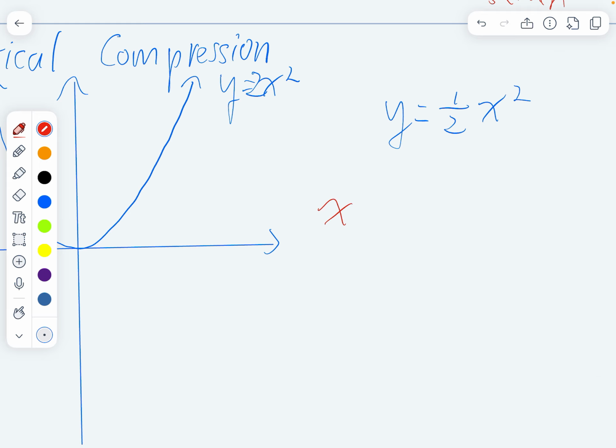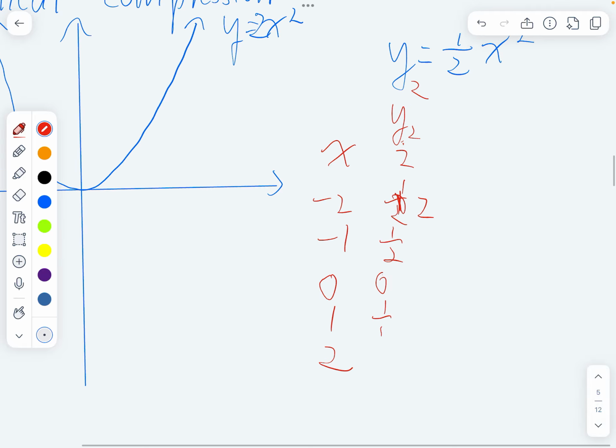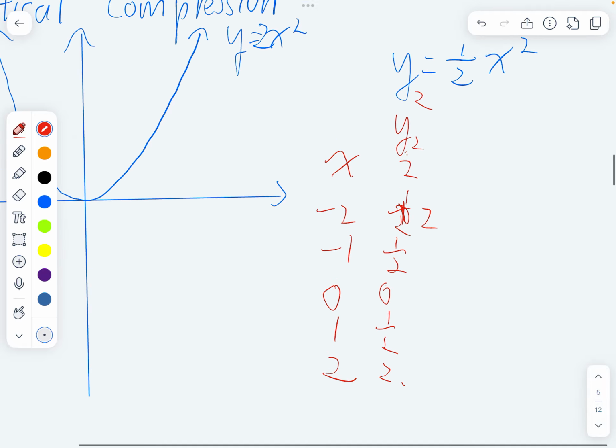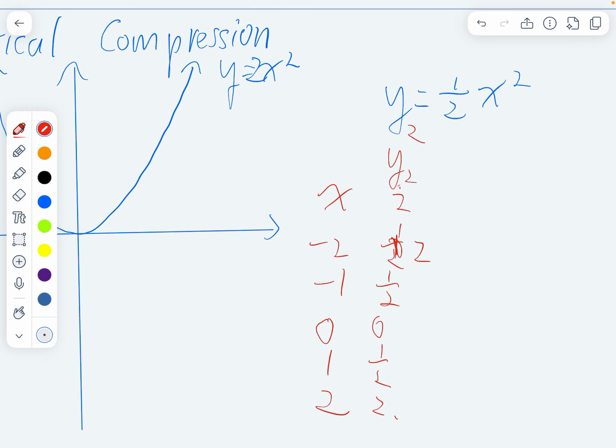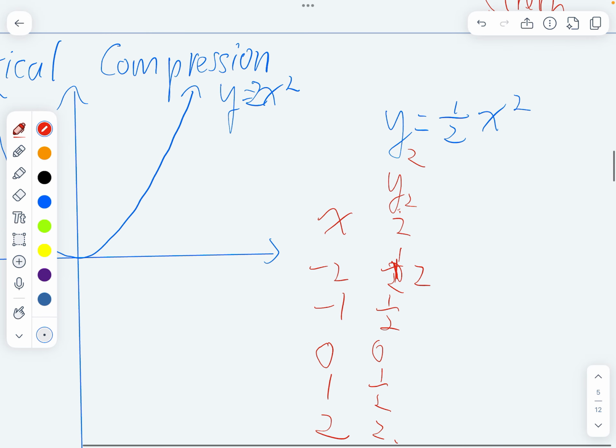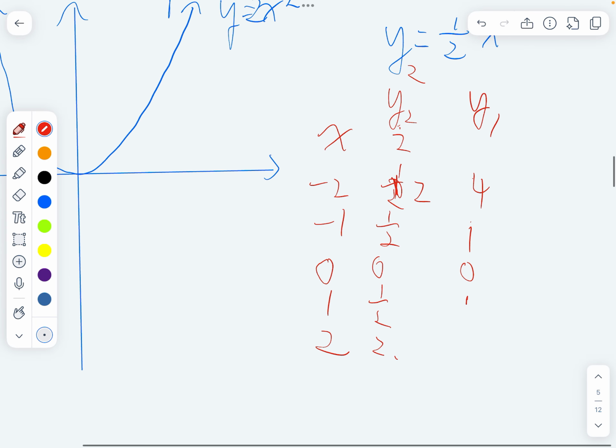We need to draw the graph first, for y equals x squared, and this is for y1. The y1 values are 4, 1, 0, 1, 4.